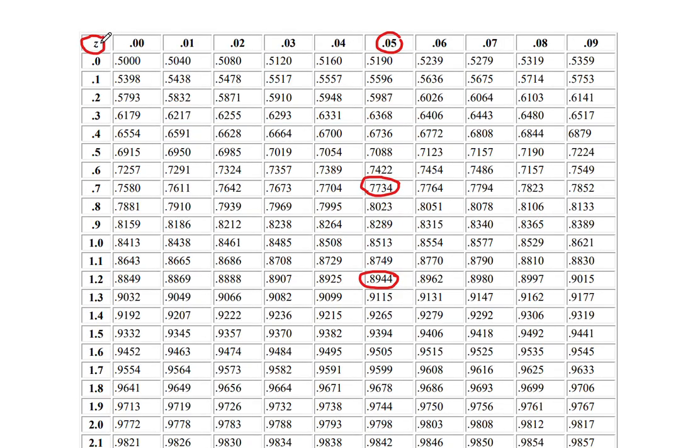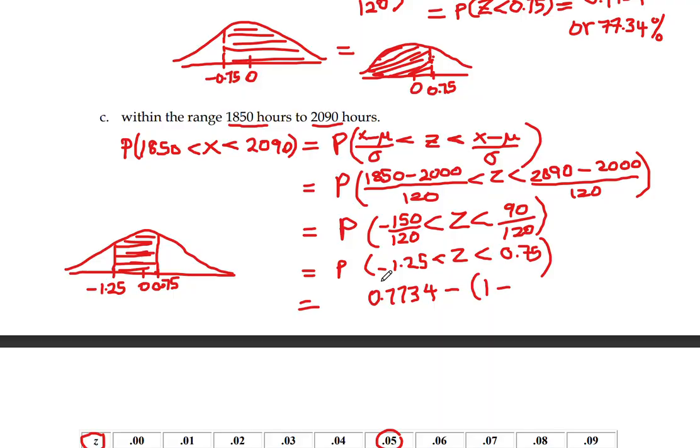So on the Z column, we scroll down until we find 1.2, and then we go across from 1.2 to 0.05, and that's the reading for 1.25. The reading for 1.25 here would be 0.8944. So we're going to take 1 minus 0.8944 here.